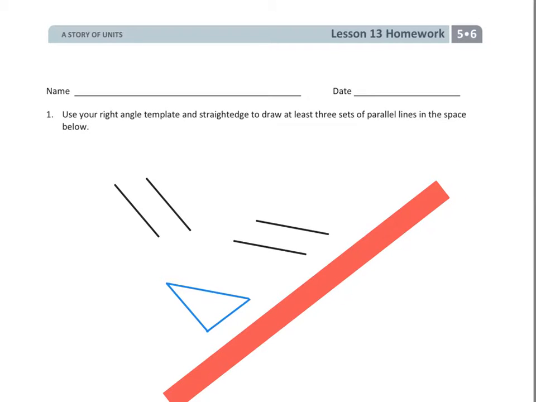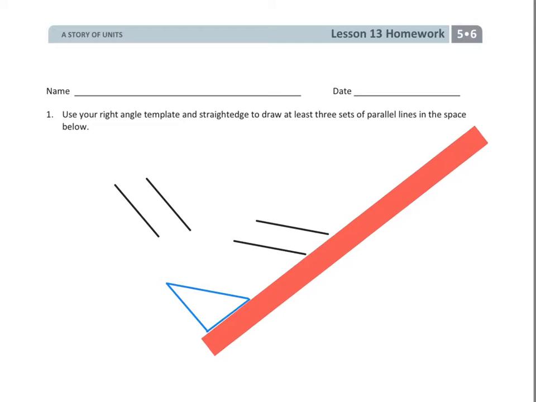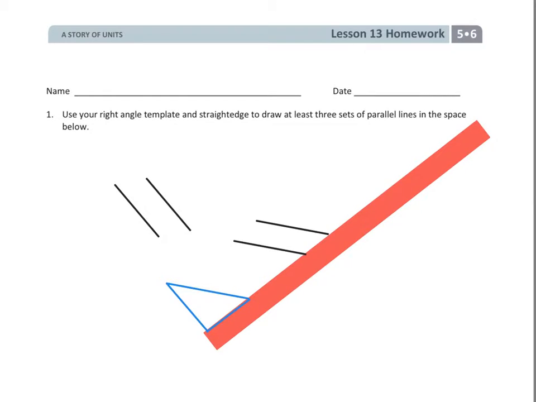And there's another set of parallel ones. And I know that because I'm using my right angle template to do that for my straight, and then my straight edge to line it up. So I want to keep the same straight edge, and I know if I put them like that, they're going to run square across that.